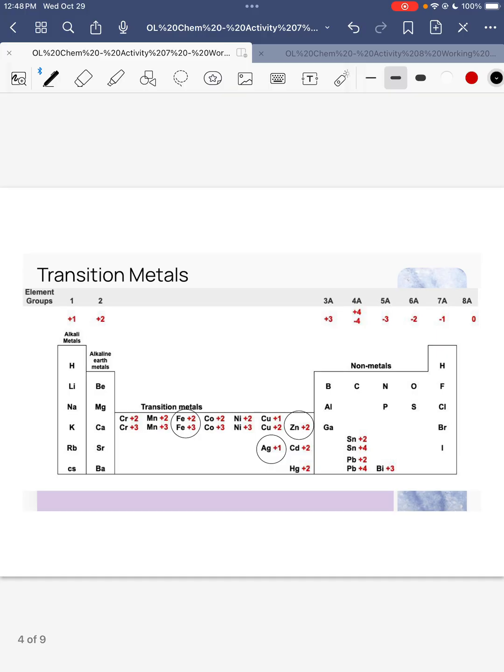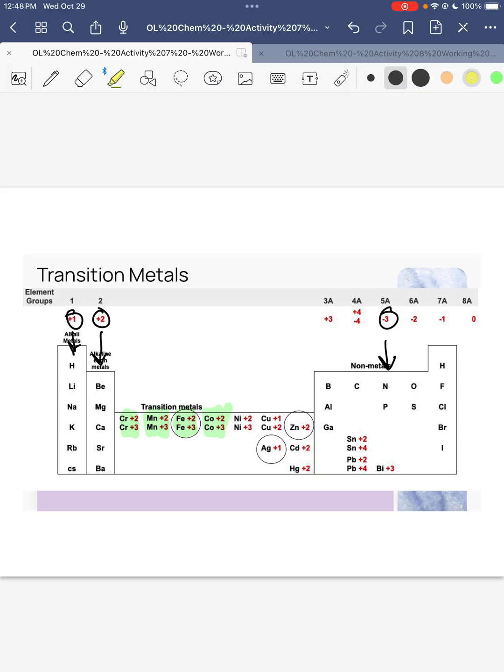What I mean by a variable charge is that most elements have a set charge, like this whole row is +1, this whole row is +2, this whole row is -3, and so on. But any of these guys in the middle here have a variable charge. You'll see chromium could be +2 or +3. Manganese, same thing. Iron, same thing. Cobalt, same thing.